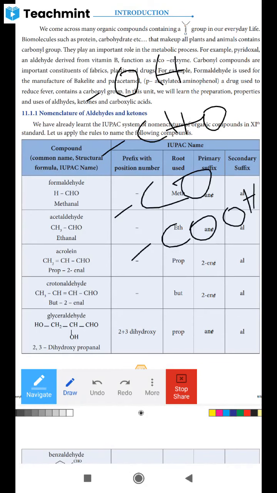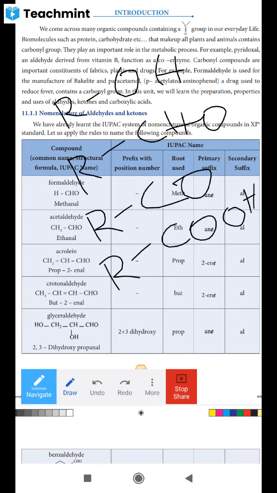So you are leaving one bond to add an alkyl group. Is it clear for you? So alkyl you will get only from alkanes. Yes, ma'am.